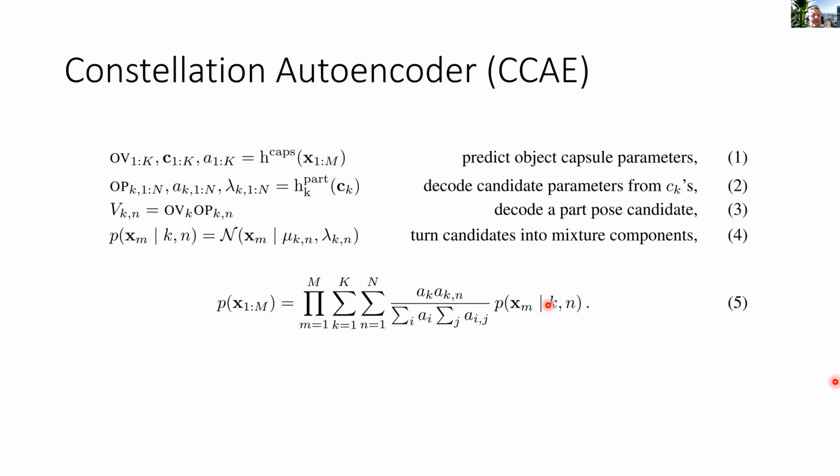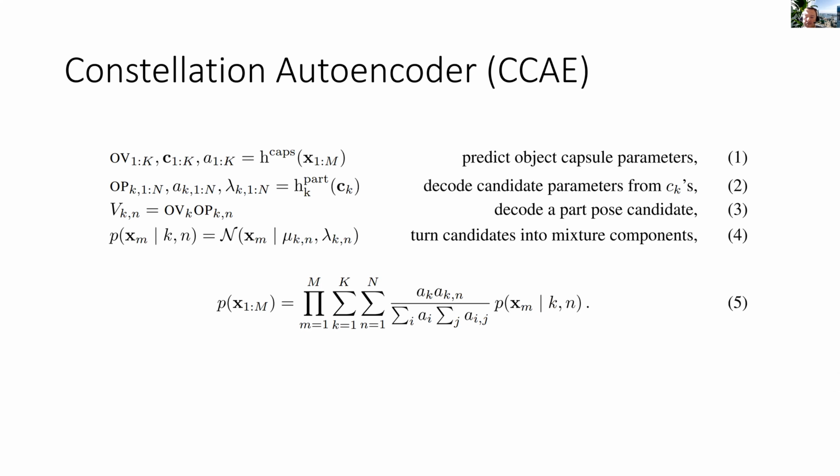Basically you have to have a bunch of the parts match in order to activate the next layer's capsule. Yeah, I was just trying to interpret this AK weighting factor in front of the probability as a cosine distance, but I'm not sure. Okay, yeah, they talk about cosines. I think probably they use cosines in one of their papers. I'm not sure they use it in this paper, but I don't remember why.